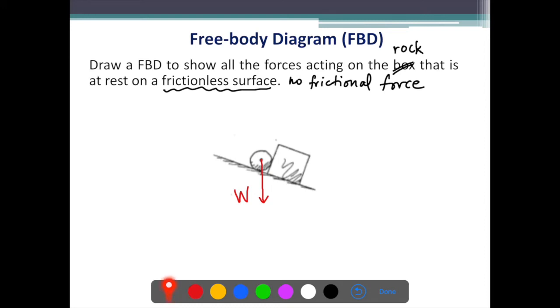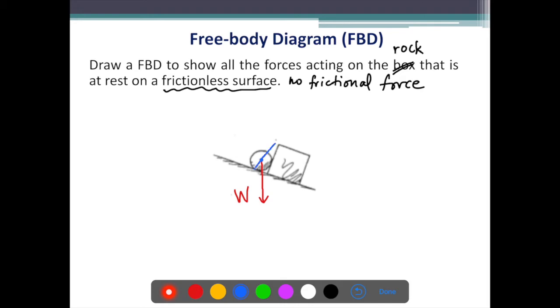Okay, the rock is being supported by this sloped surface. Okay, so there's a support, therefore there should be a support force or a normal force, and the normal force is always directed perpendicular to the surface. So you go from the surface and draw a line that's perpendicular to it.